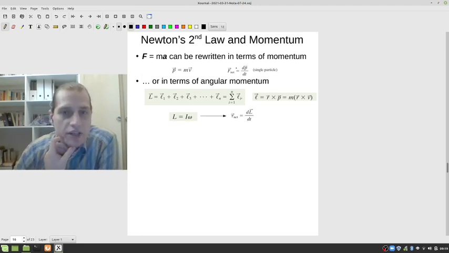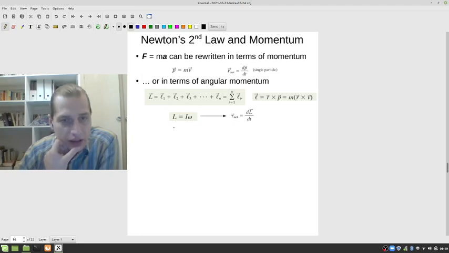Now we can also do this for our total system. If you're thinking about all these individual particles, it's a little bit complicated. But if you think about one spinning thing that has some L and some angular speed, then you think about how you're going to change that angular momentum. Well, you add a torque.